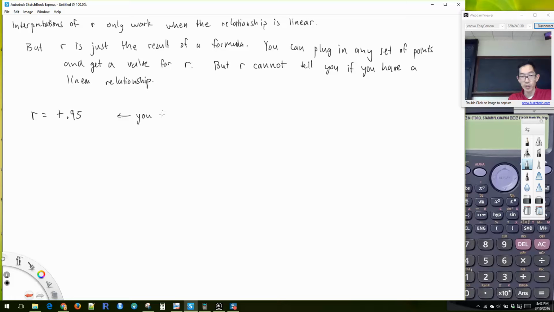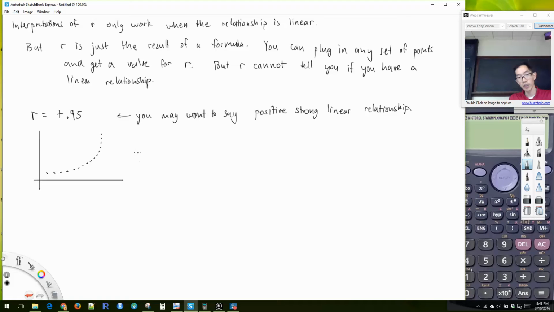It may not be, because I'm pretty sure if I have a data set that looks like this, I will get something like R equal to plus 0.95, but this is not a positive, strong linear relationship.